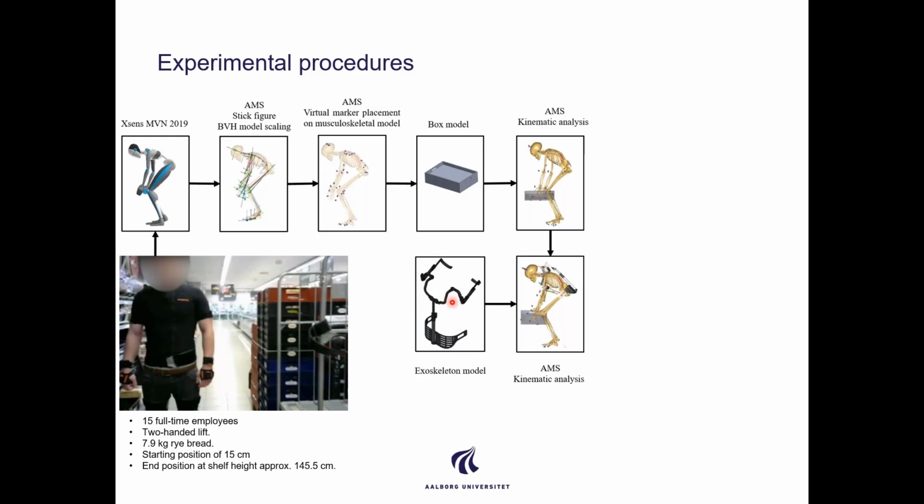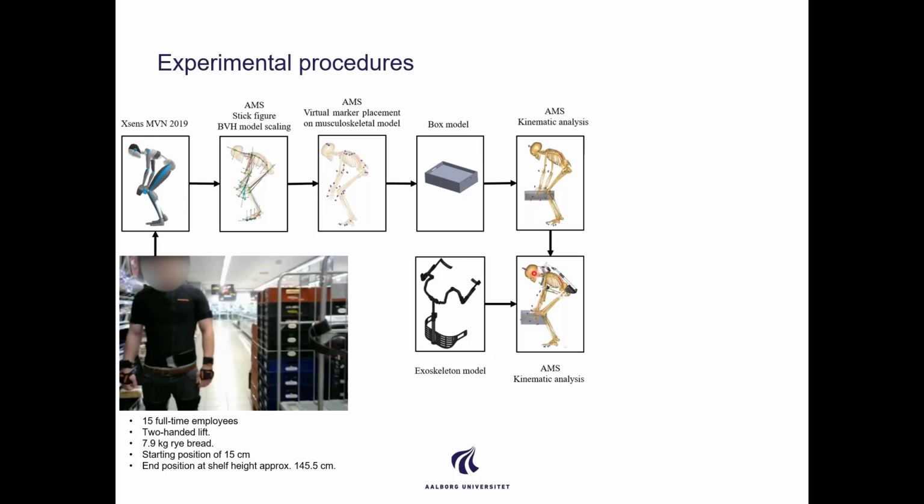And when we were implementing these into the AnyBody modeling system, we always changed the settings, for instance, the torso height and shoulder width, so that it accommodated the musculoskeletal model according to the fitting guide that was provided by the Suitx guys.